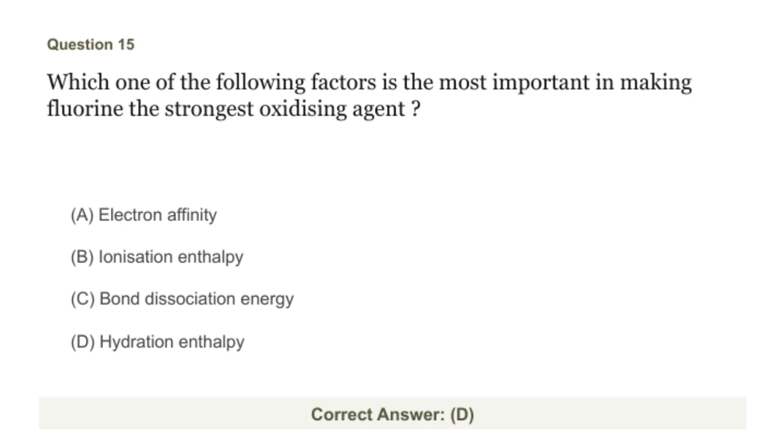It's important to note that while electron affinity and ionization enthalpy are also relevant to reactivity, hydration enthalpy plays a more significant role here because it directly influences the stabilization of the resulting ions in solution. So, in summary, the most important factor for fluorine's strength as an oxidizing agent is its high hydration enthalpy, which helps it readily accept electrons and perform its oxidizing function effectively.